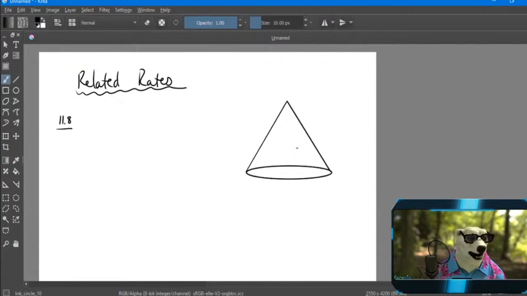Now my picture of the cone is much steeper than the question describes, because the question says the radius and the height are the same, but in some cases they might not be. Either way, I need to know the radius and I need to keep track of the height. And what else do they care about?